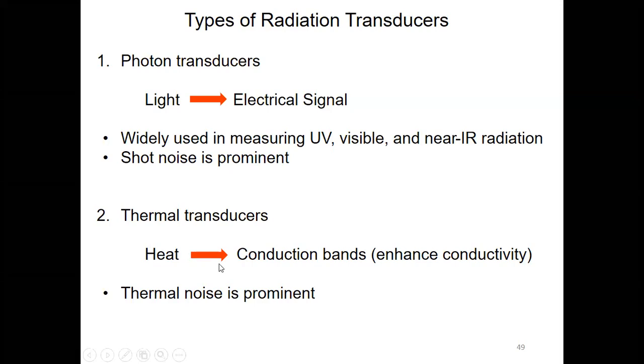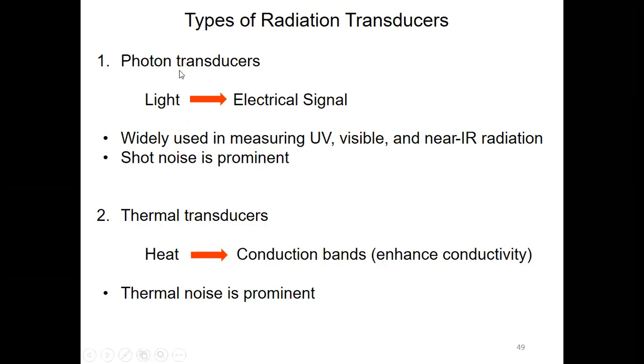Because of the heat, it will generate some electrons and holes like that, and then the conductivity will be enhanced in the thermal transducer. But in the photon transducer, the light will be converted directly into electrical signal.